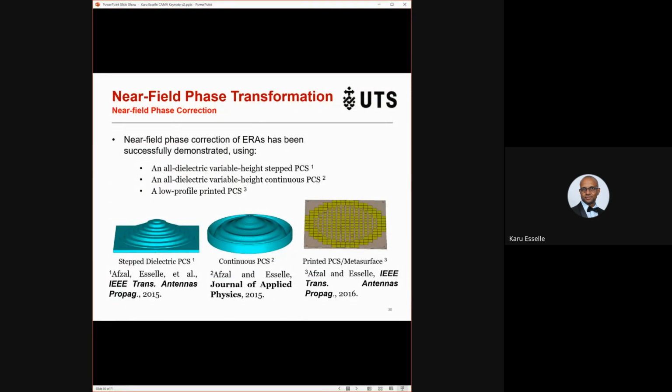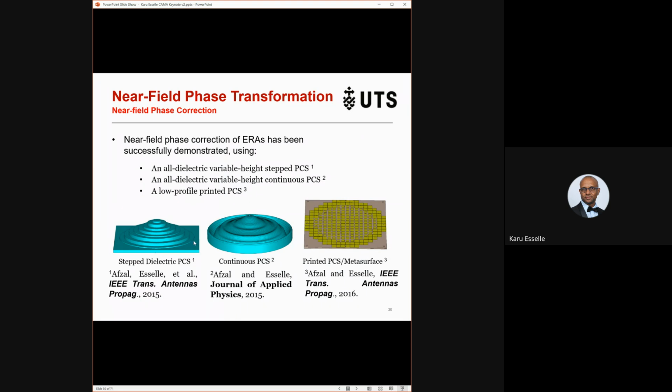So this is how we did it, in fact in three ways. In the first one, the near field phase correction has been achieved by an all dielectric, variable height, stepped phase correction structure.